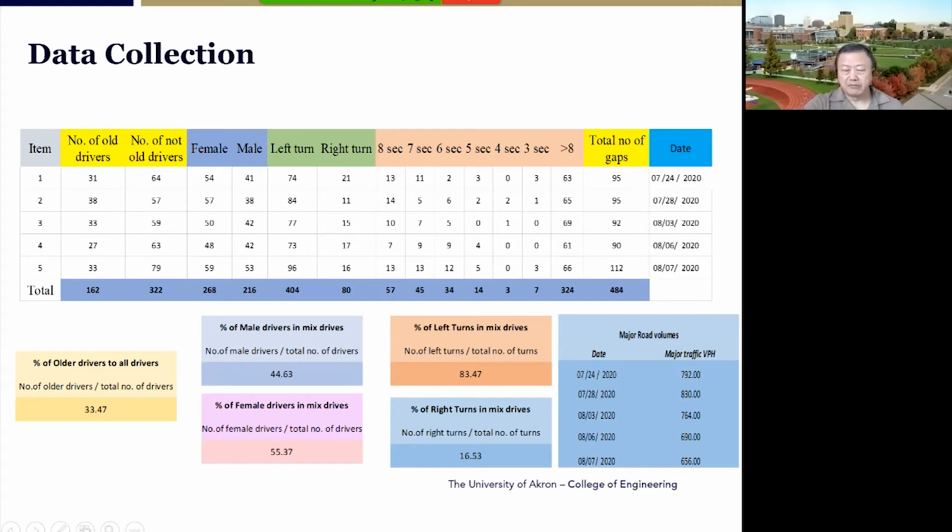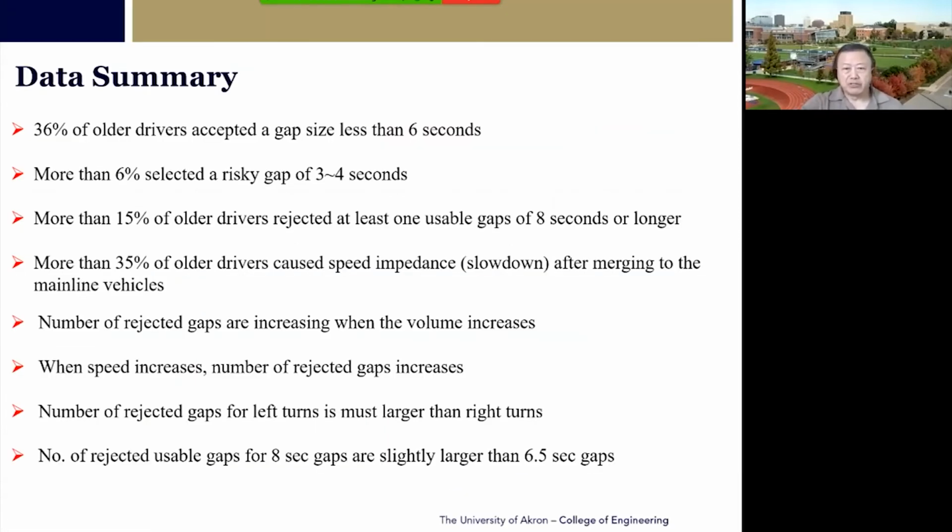The lower part of this chart shows some summarized data. We will not get into those percentages, but I want to summarize the data. We found roughly 36% of older drivers accepted a gap size of less than 6 seconds.